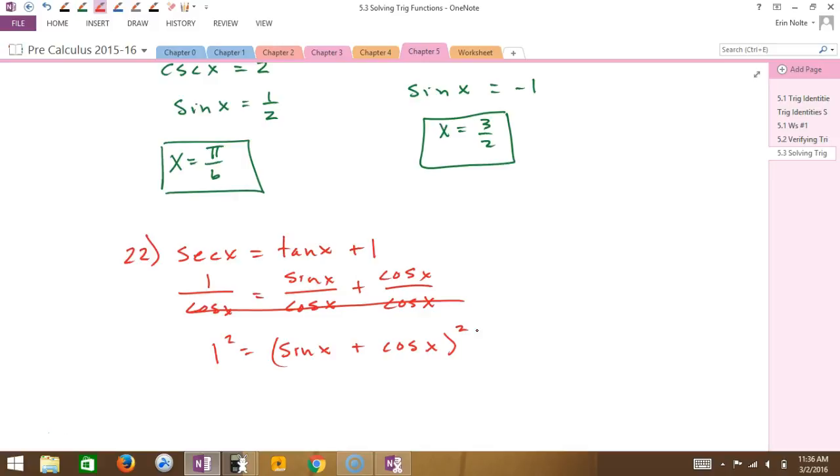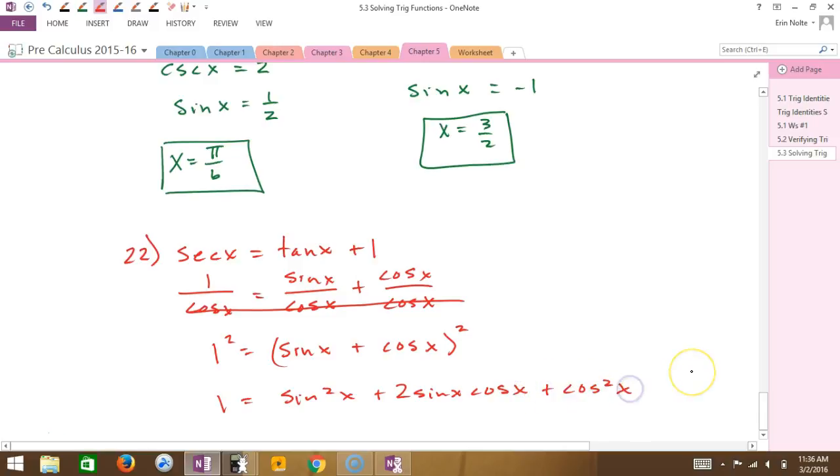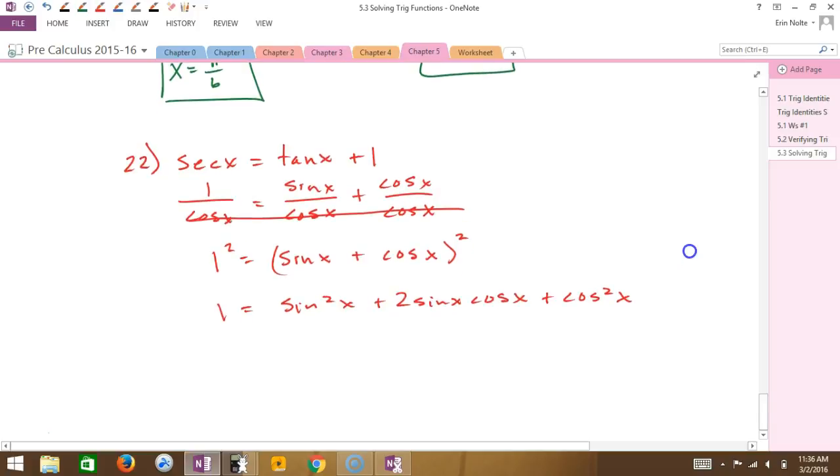Hold on, I think I got this. Let's do it. We got 1 is equal to sine squared plus 2 sine cosine plus cosine squared. We just said that if you add sine squared and cosine squared, that makes 1.